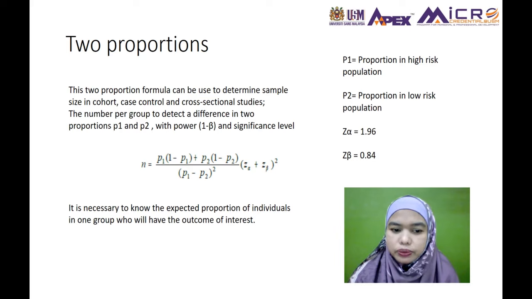The number per group to detect a difference in two proportions P1 and P2 with power 1 minus beta and significance level alpha is n equal to [P1(1 minus P1) plus P2(1 minus P2)] divided by (P1 minus P2) to the power of 2, times (Z beta plus Z alpha) to the power of 2. It is necessary to know the expected proportion of individuals in one group who will have the outcome of interest.